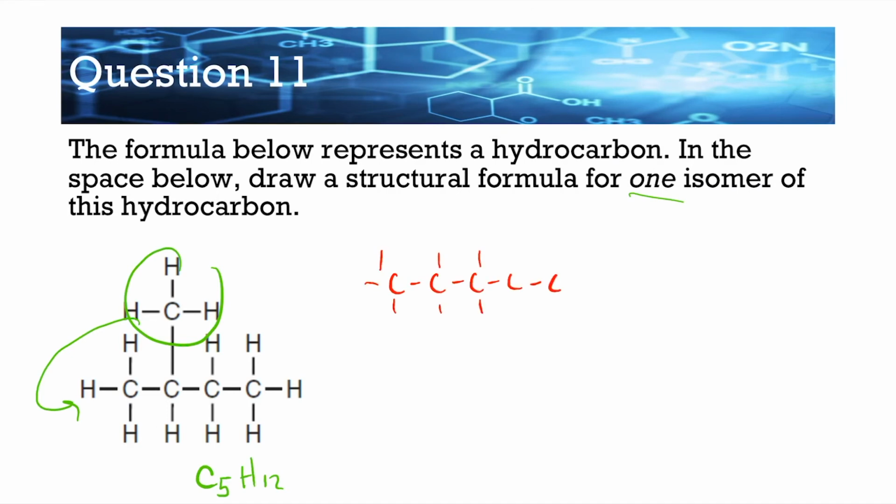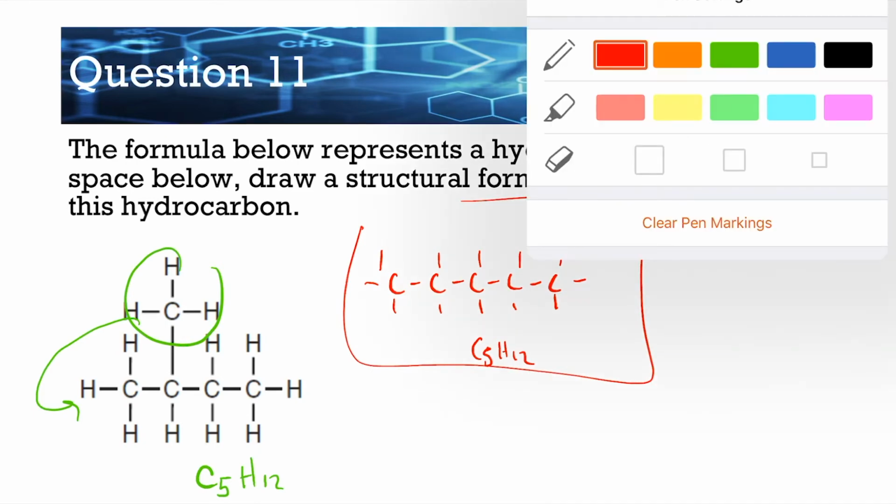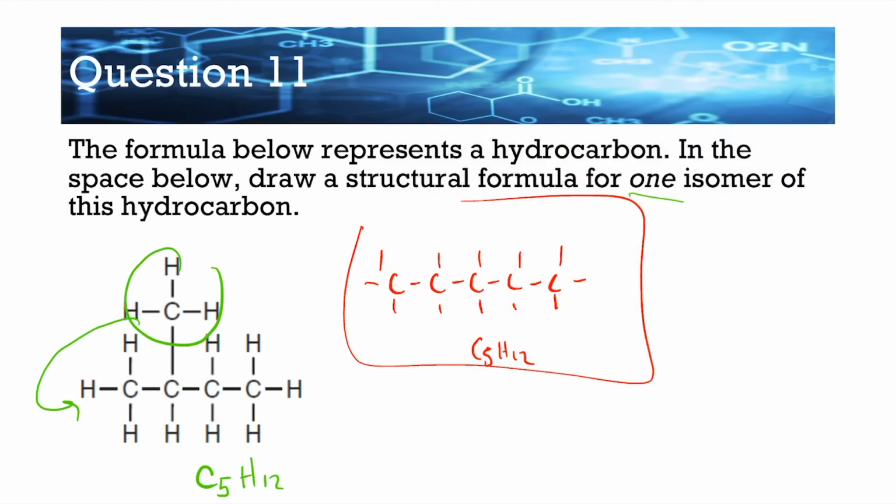I'm going to save time and not draw my H's, but I'm going to represent them with a line to show that they do exist. So that would be C5H12. So this way works. You could also draw it as this. Draw it this way because I'm running out of room.